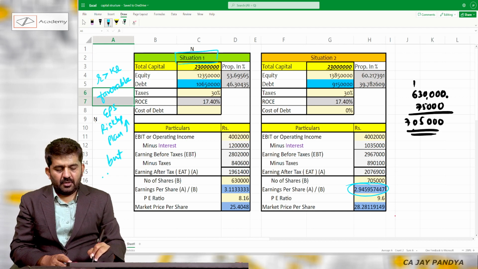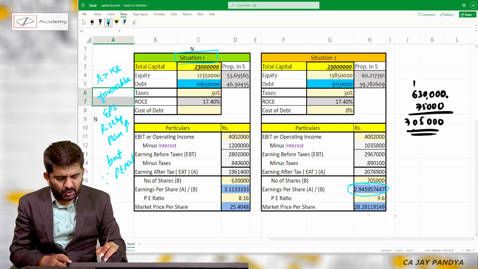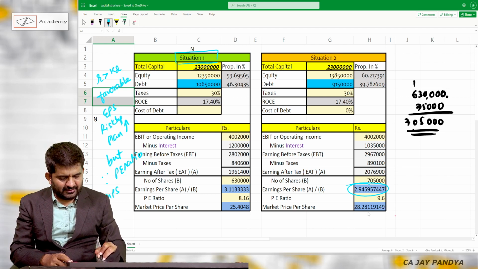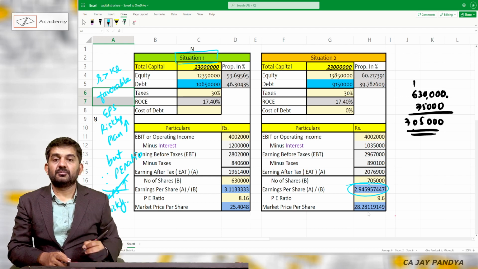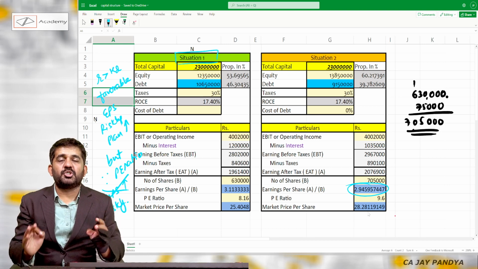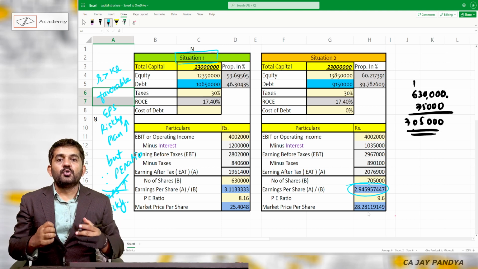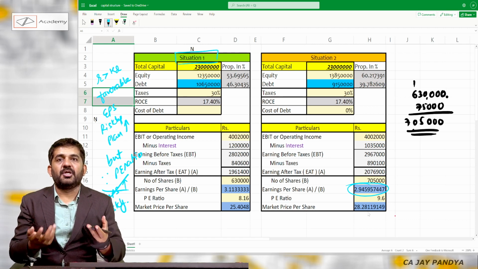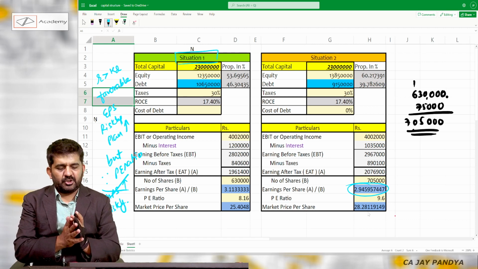But because of the PE ratio, MPS is not higher in the risky plan. This is what should be the understanding. Just solving the question is not important. You should also get an idea why trading on equity or the leverage effect is not working in this particular situation.